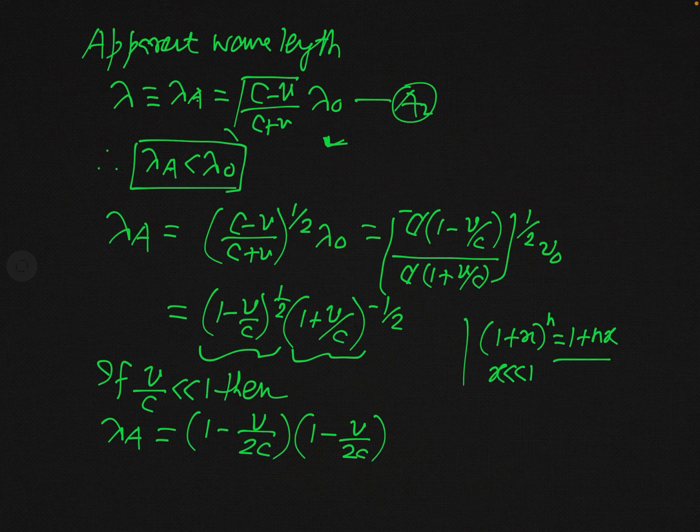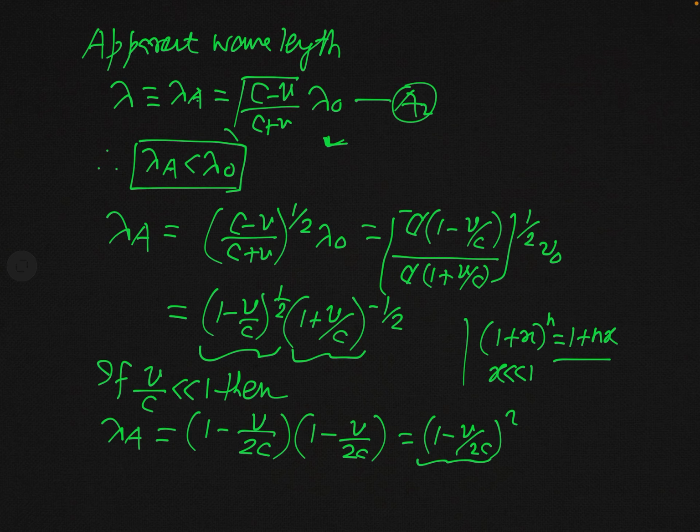Here I have used this binomial expansion under the condition x much smaller than 1, where in place of x there is v by c, and in place of n there is 1 by 2. So this will be simply 1 minus v over 2c whole square.